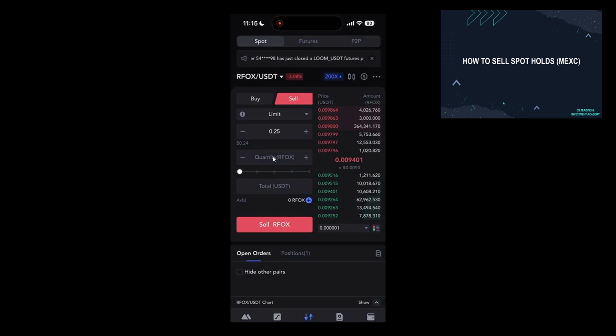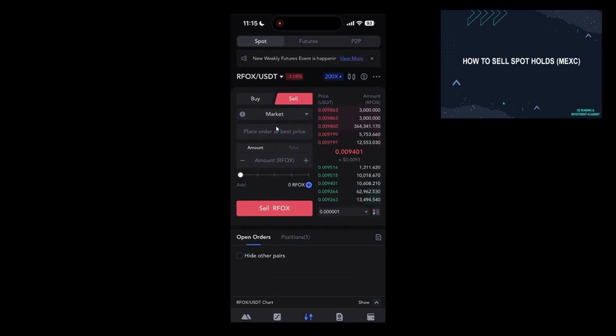If you do not really care about the exact price, you can also choose a market sell, and like it says, it places the order at the best price. The only thing you can choose is how much RFox, RedFox in this case, you want to sell. But sometimes you'll see a big spread.